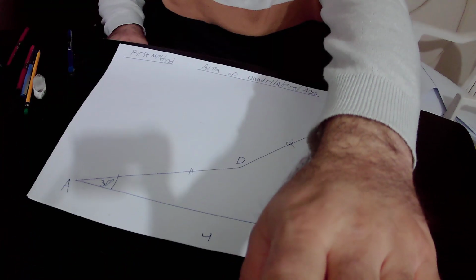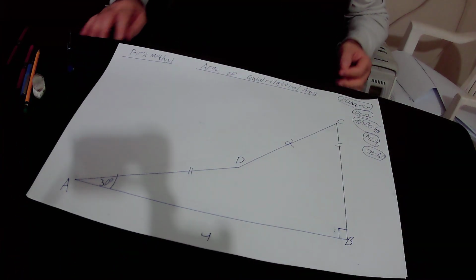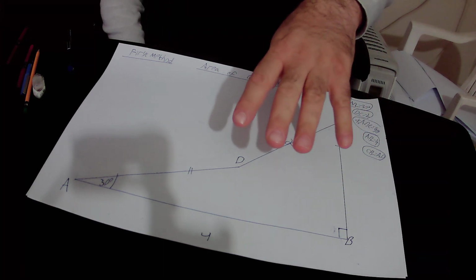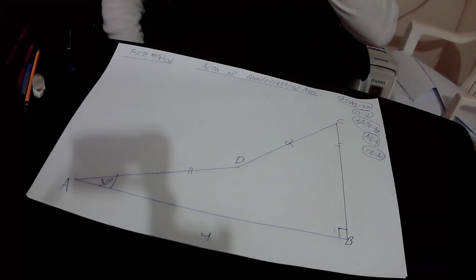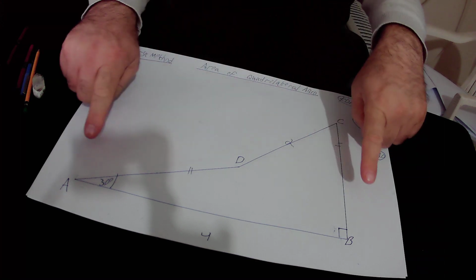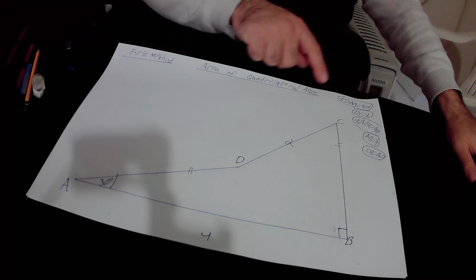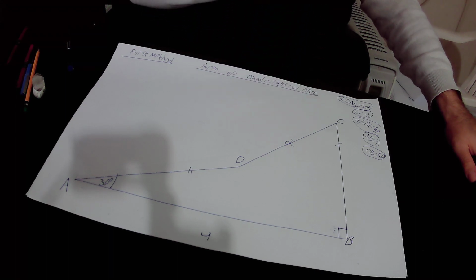Hello, in this lecture we will find out the area of quadrilateral ABCD using two different methods. In the drawing we have quadrilateral ABCD. We know that side AB equals 4 units, side CD equals 2 units.